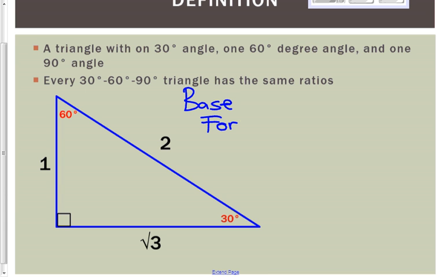And this base form of a 30, 60, 90 triangle allows us to set up our ratios. A little difference between these and 45, 45, 90 is that I'm going to have a short leg and a long leg. Looking at this, again, my hypotenuse is still directly across from a right angle, but this time the 30-degree angle, the side across from it is going to be my short leg.